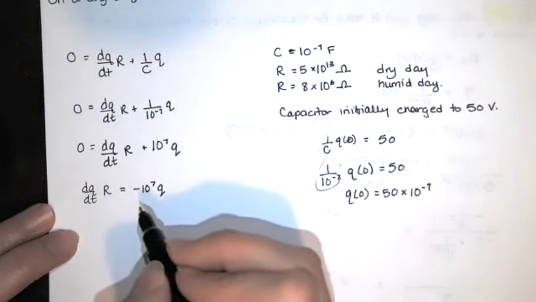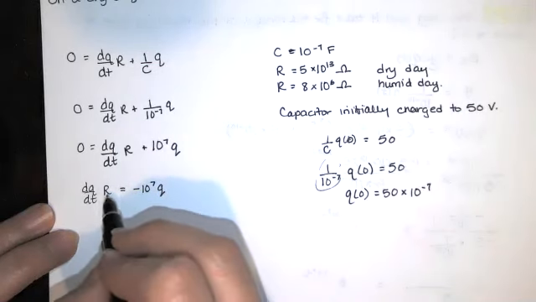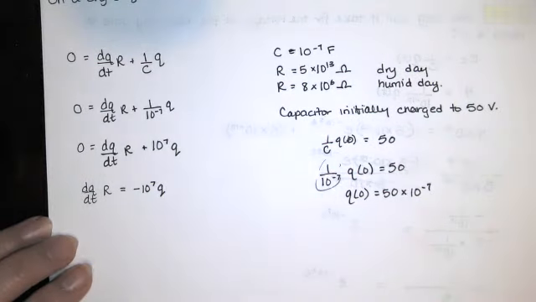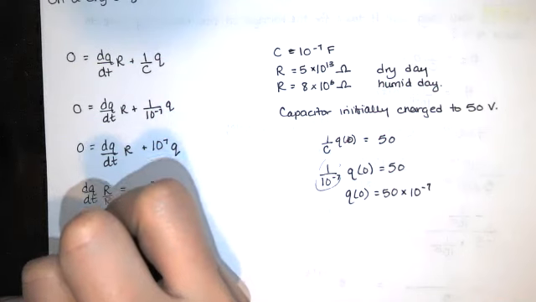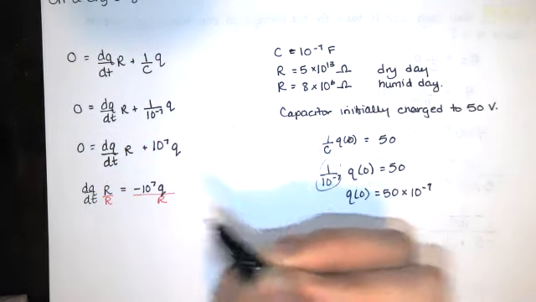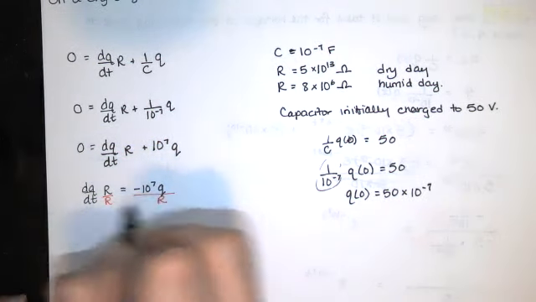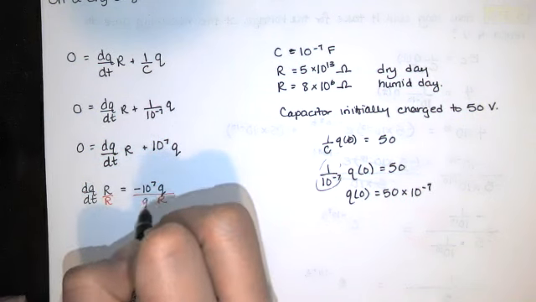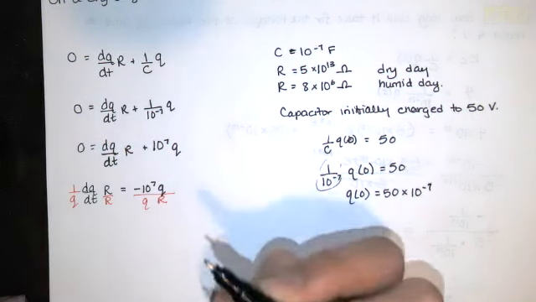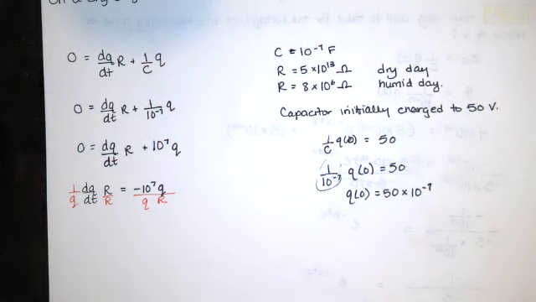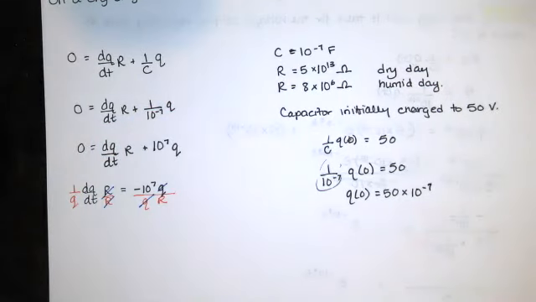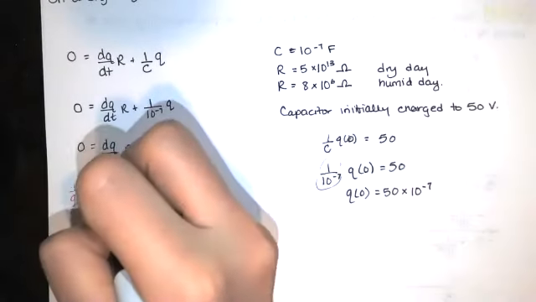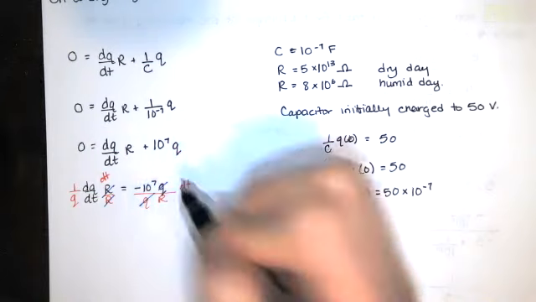I'd probably move that R over here by dividing both sides by R. And then in order to get the Q over here on this side, I'll divide both sides by Q as well, or multiply by 1 over Q, same thing. So the Q's reduce, the R's reduce. And if we multiply both sides by dt, we get this.